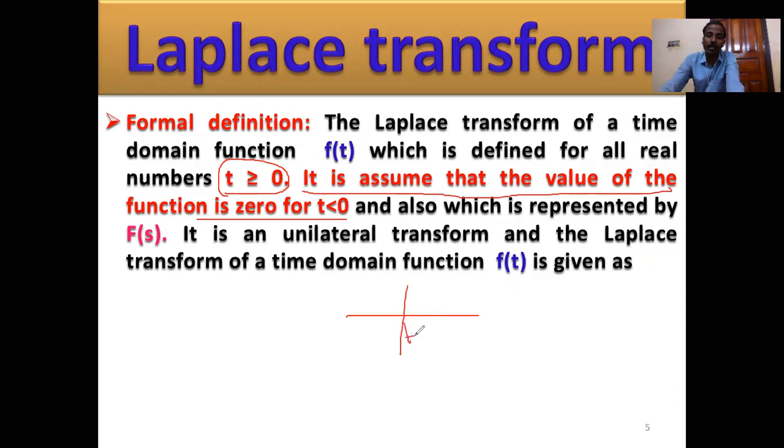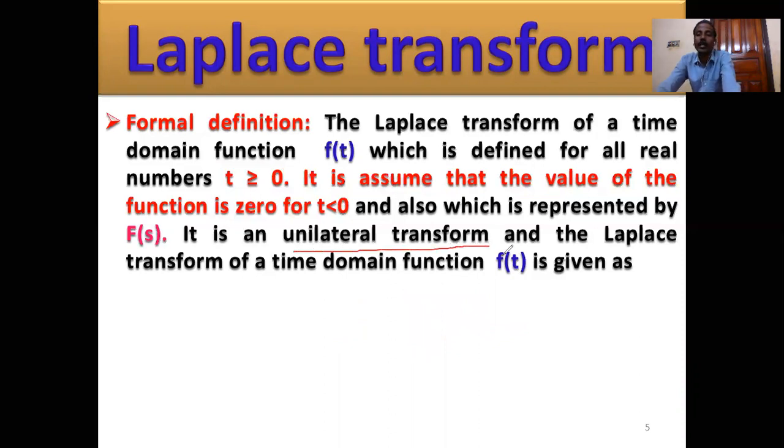If the origin is t equals 0, with plus infinity on this side and minus infinity on this side, the Laplace transform is satisfied only from t equals 0 to t equals plus infinity, and the value of the function is 0 in this region. This is also a unilateral transform because it only applies from 0 to infinity, not minus infinity to plus infinity.